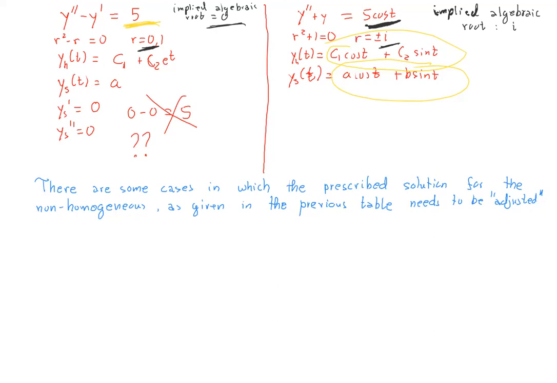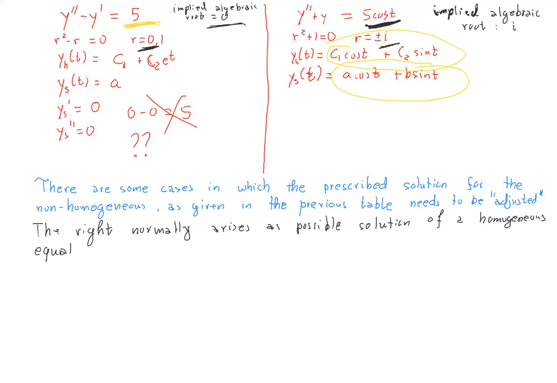So here's the rule. The right-hand side normally arises as a possible solution of a homogeneous equation for a specific algebraic root.